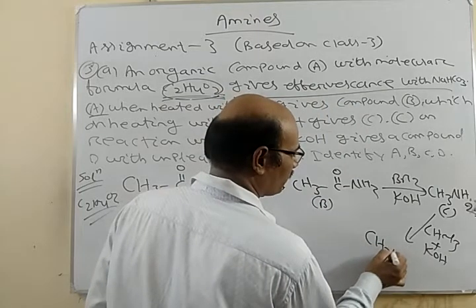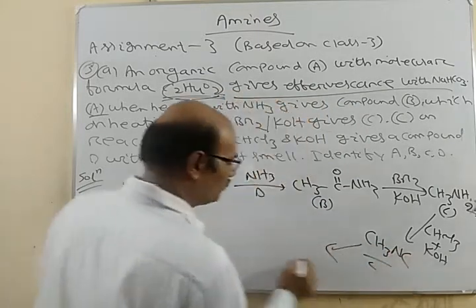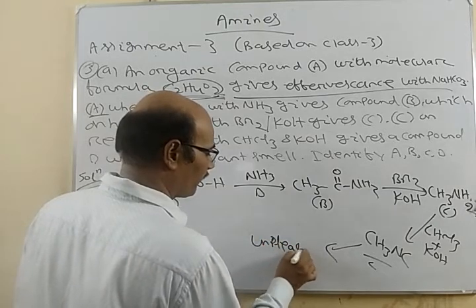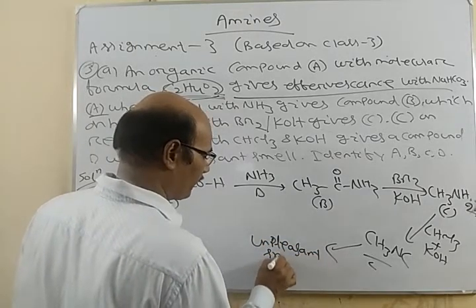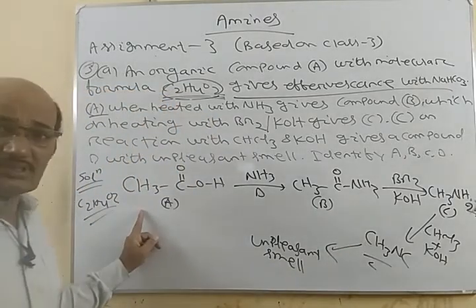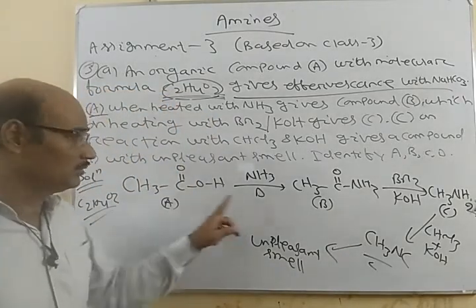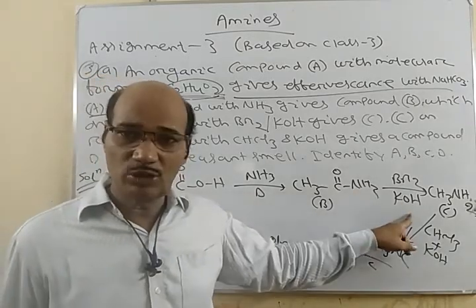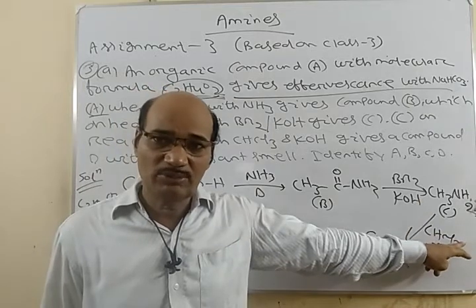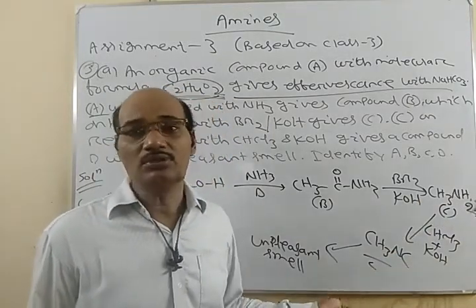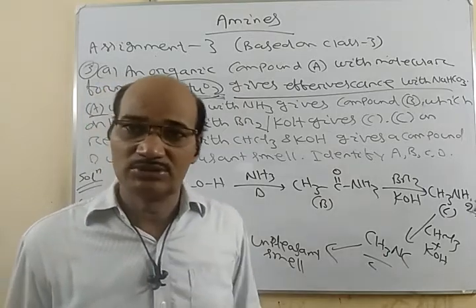CH3NC, and this has an unpleasant smell. Carboxylic acid heated with ammonia gives amide, bromine and KOH, Hofmann bromamide, gives an amine with one carbon less. This on reaction with chloroform and KOH gives a carbylamine having an unpleasant smell.